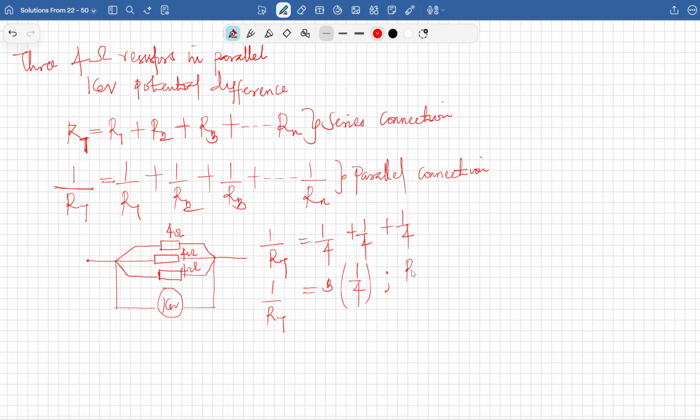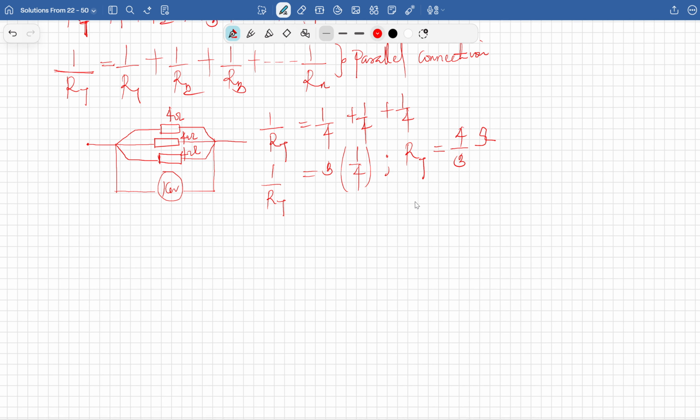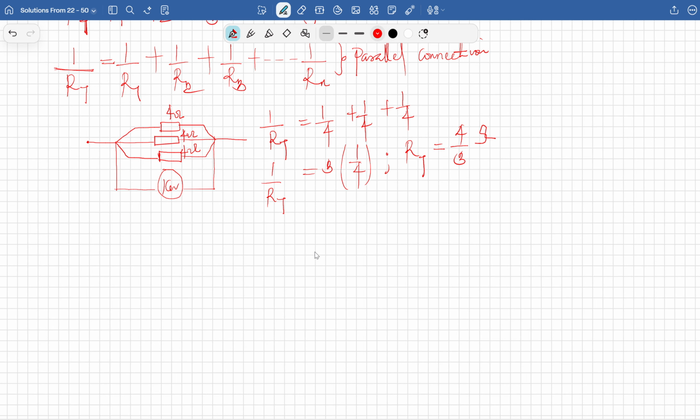So R total equals the inverse of 3 over 4, that is 4 over 3 ohms. And the question is asking for the total current, so that is my R total, 4 over 3 ohms.